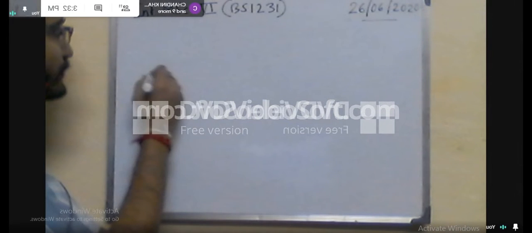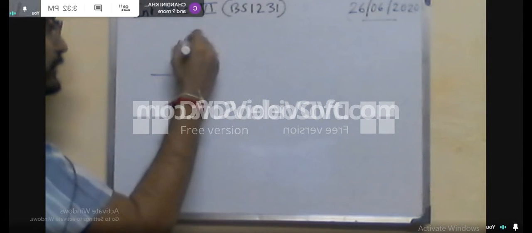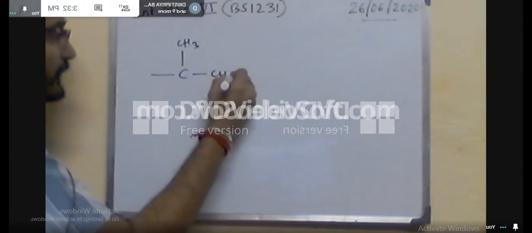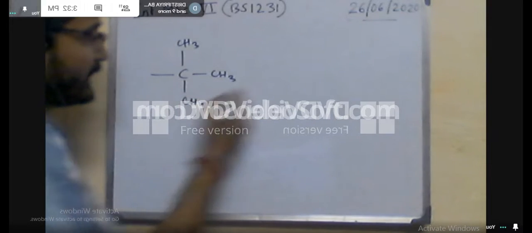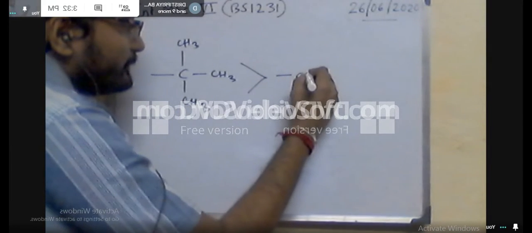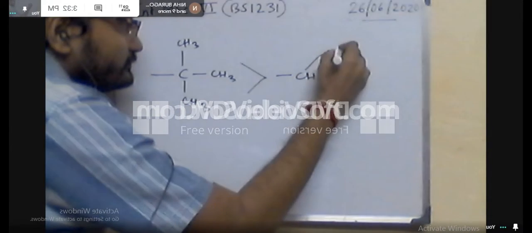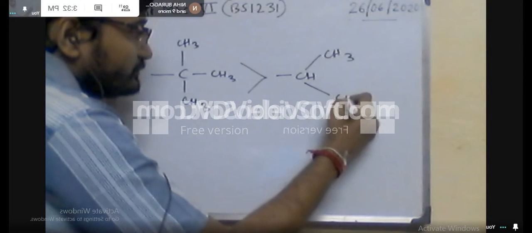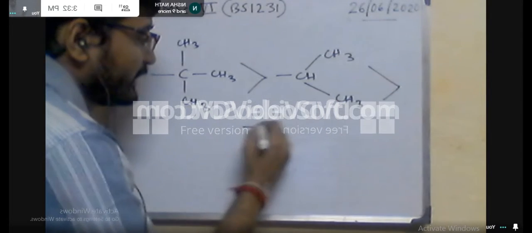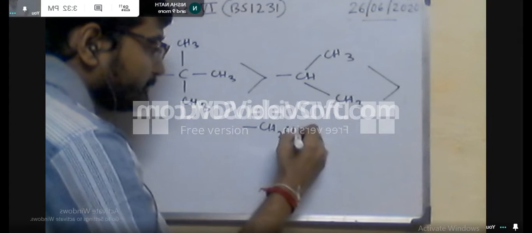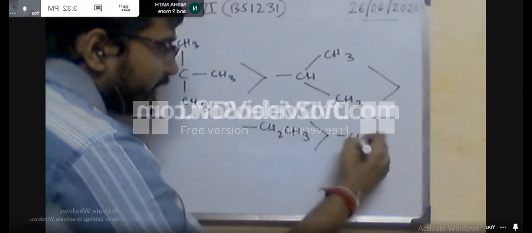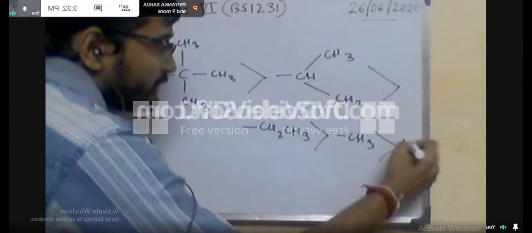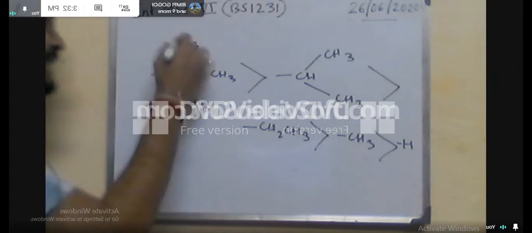There are 3 plus I effects. So as a whole the sigma electron density of this bond is increased because all of these 3 act on this site. So the sigma electron density of this residue is greater than the isopropyl, because here there are 2 plus I effects, here only 1 plus I effect, and here there is no plus I effect.